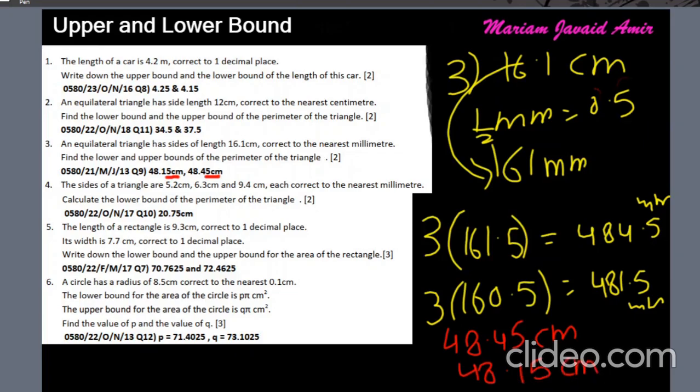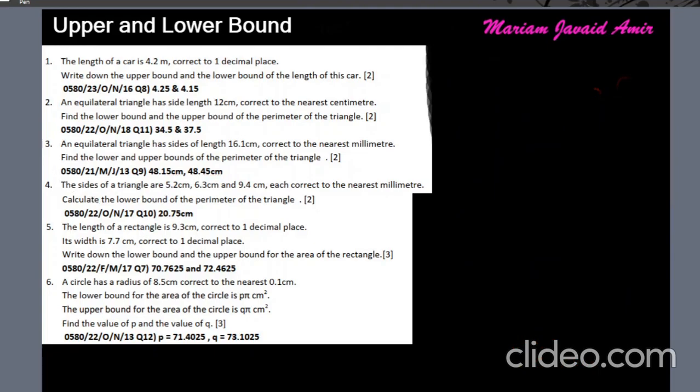Alright, question number 4. The sides of a triangle are 5.2, 6.3 and 9.4, correct to the nearest millimeter. Calculate the lower bound for the perimeter. So first, again there's a unit conflict.